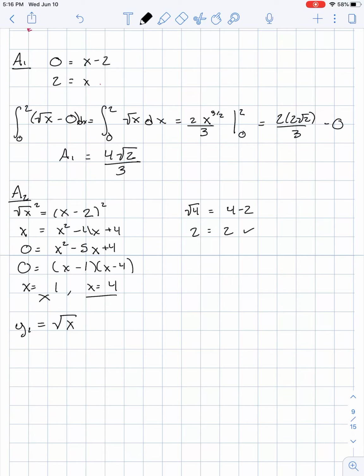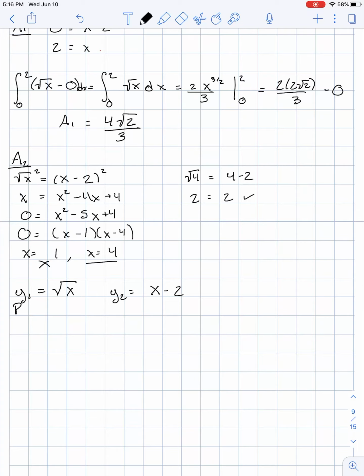y1 we're going to call the square root of x, and y2 we're going to call x minus 2, and we're going to plug in x equals 3 just to see who's on top from 2 to 4. So I get that y1 equals the square root of 3, and y2 is 3 minus 2, which equals 1.